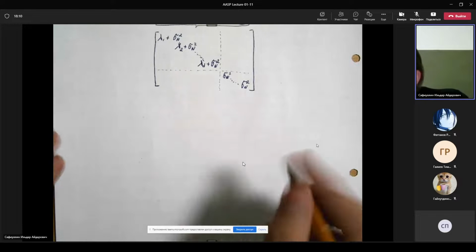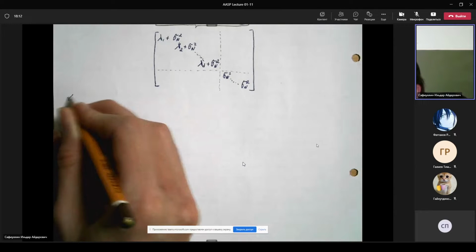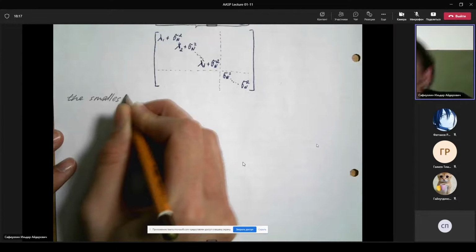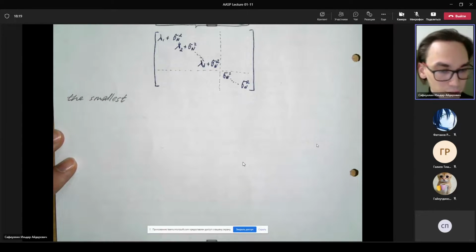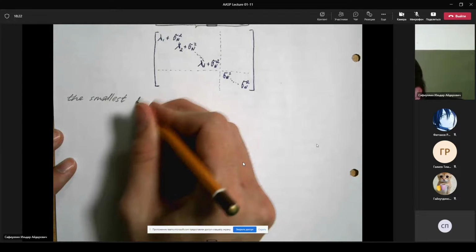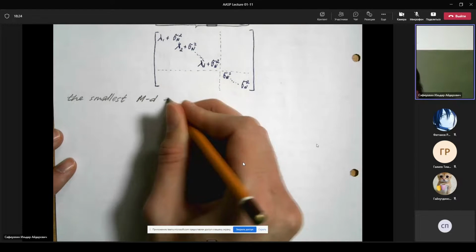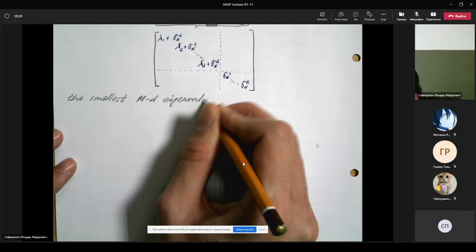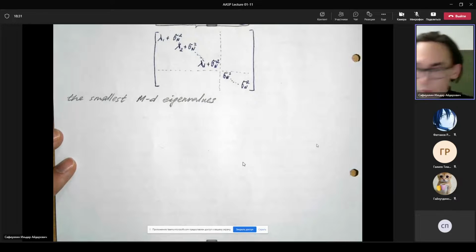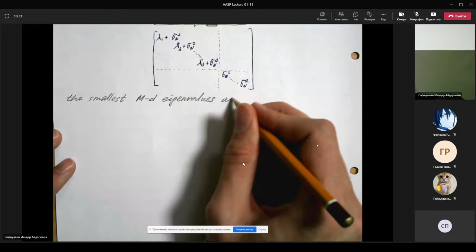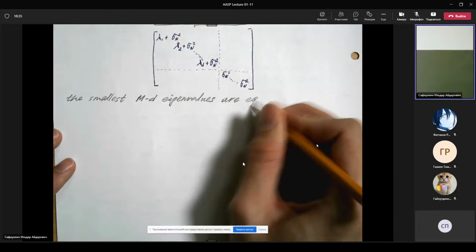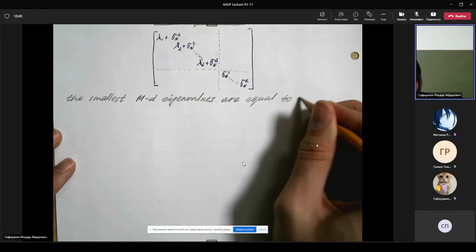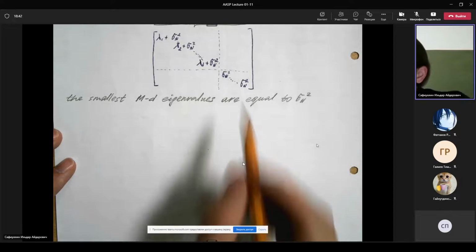The smallest m minus d eigenvalues are equal to sigma n squared. So this part.